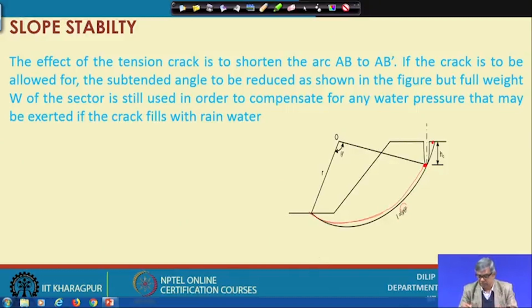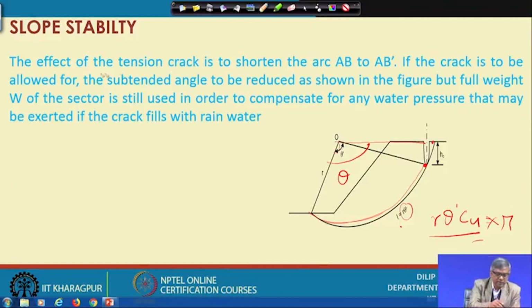The original theta was based on this, but now I have to consider theta dash. Based on that I find L equal to r theta dash, and r theta dash multiplied by cu becomes the force, and multiplied by r equals the moment, and that moment is used to calculate the factor of safety. So here the effect of the tension crack is to shorten the arc AB.